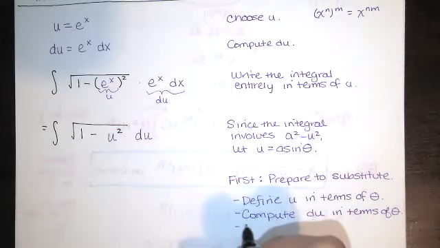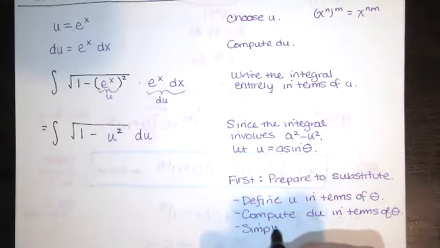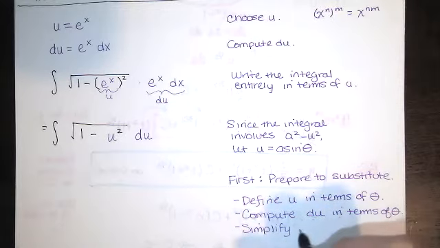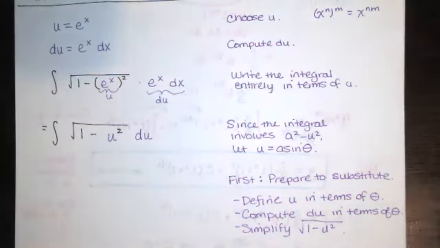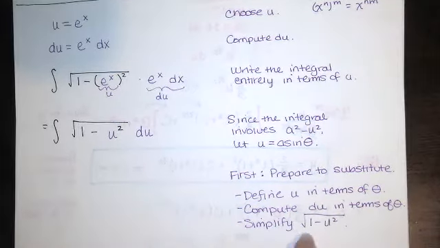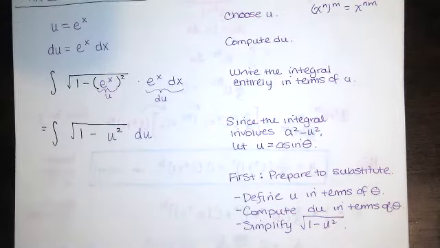And then you want to simplify that square root of a squared minus u squared, which in this case is 1 minus u squared. That way you are not simplifying it in the integral, you're just simplifying it outside and replacing the entire square root expression with whatever that is in terms of theta.